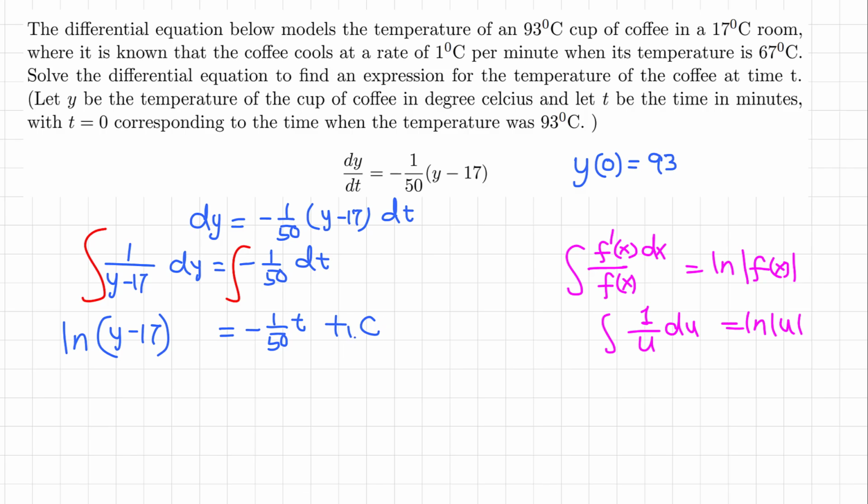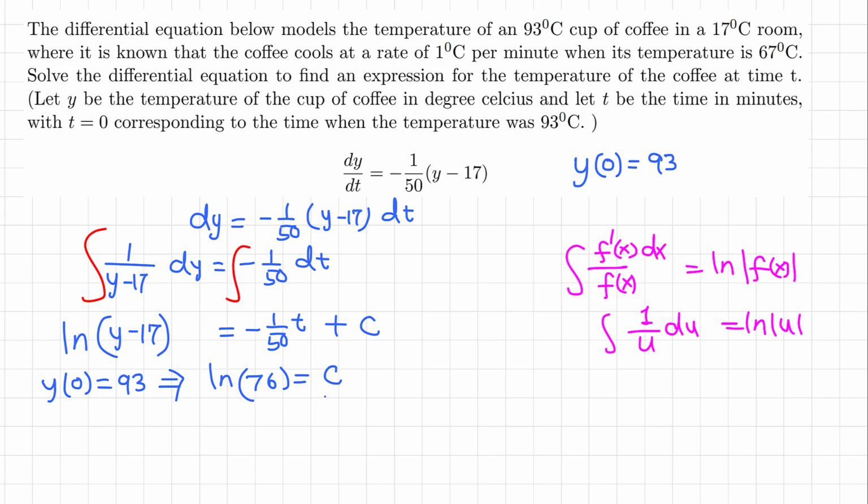Let's find the value of c using the initial condition, which is y at 0 equals 93. y is 93 when time is 0. So natural log of 93 minus 17, that's going to be 76, equals negative 1 over 50 times t, where t is 0, so this is 0, plus c.